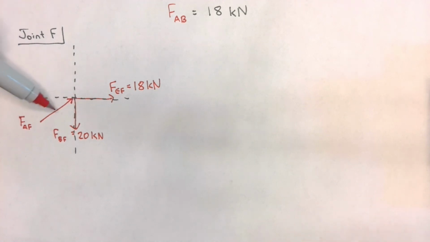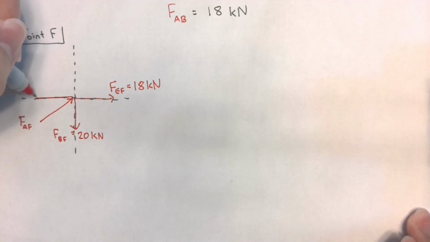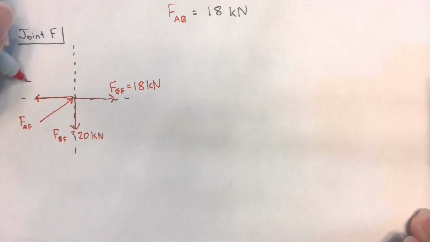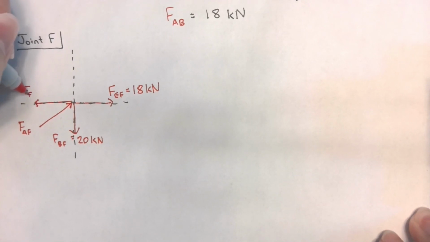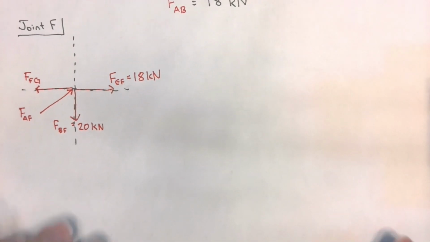And since all my x components are pointing towards the right, my final force, my force from F to G, has to be in tension. Okay? Again, don't stress out too much about assuming these directions, because if you assume incorrectly, you'll just get a negative value.